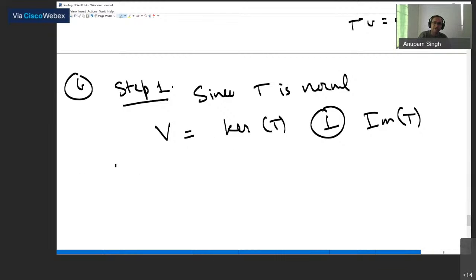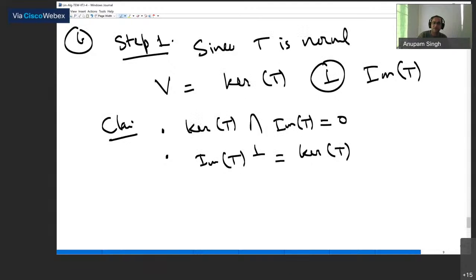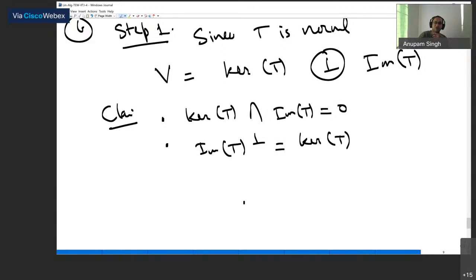So to prove this, I'll claim this. So I'll prove in 2 steps. First, of course, the kernel of T intersection the image of T is 0. And I also prove that the image of T perpendicular is actually equal to the kernel of T, right? So then you see that it's a direct sum and they're orthogonal to each other.